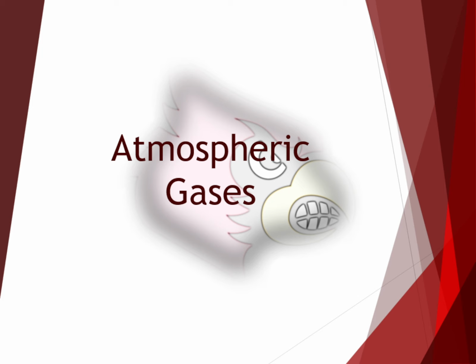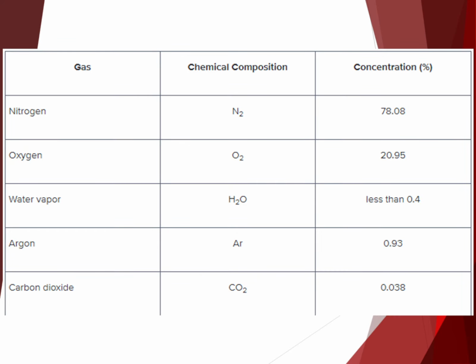Let's look at some specific concentrations of atmospheric gases. So you can see the table on the screen lists the concentrations of gases that make up Earth's atmosphere. And yes, you will want these numbers in your notes.